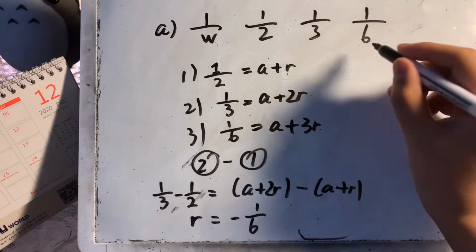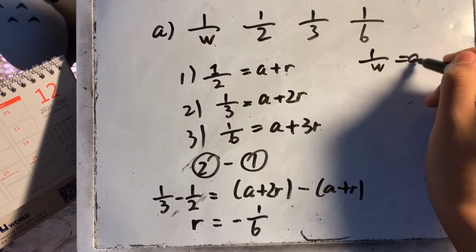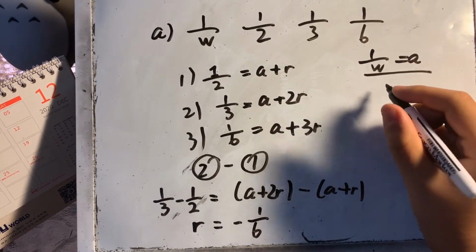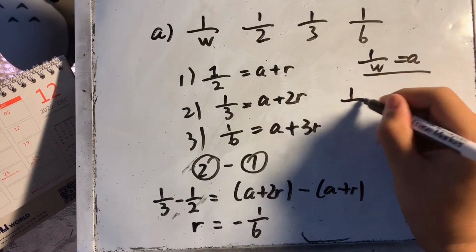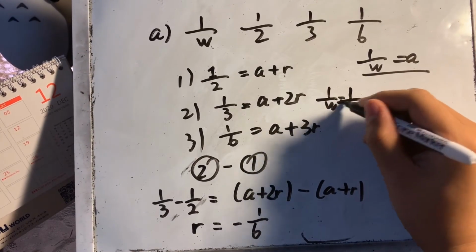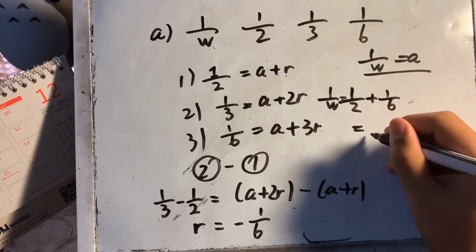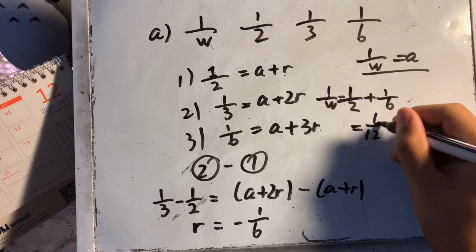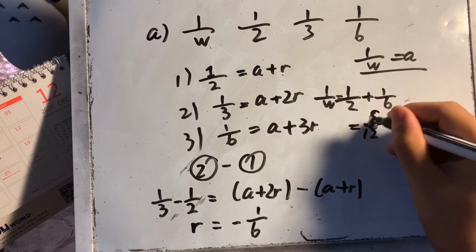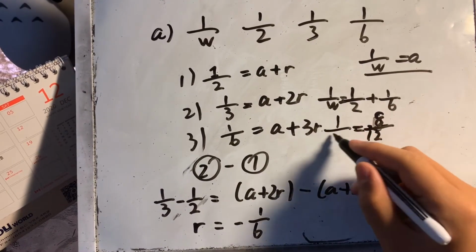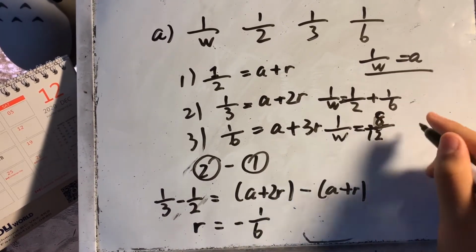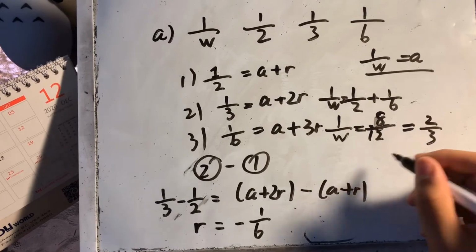So this means that this is equal to a since it belongs to the first term. And then we can just calculate this is equal to this, which is equivalent to 2 over 3.